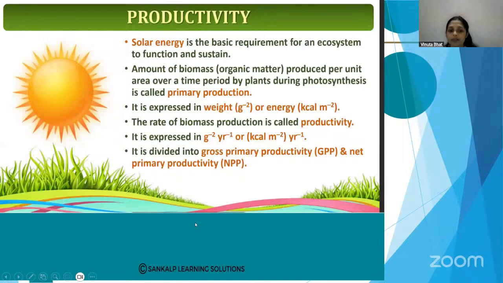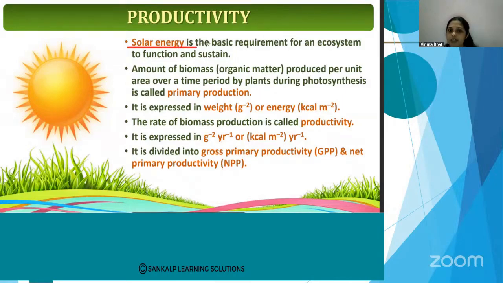What is productivity, right? What is the definition of productivity?